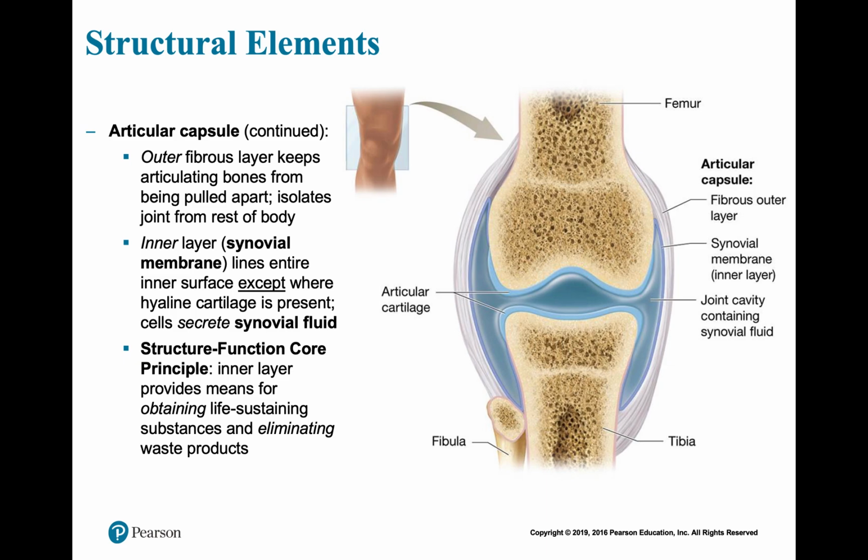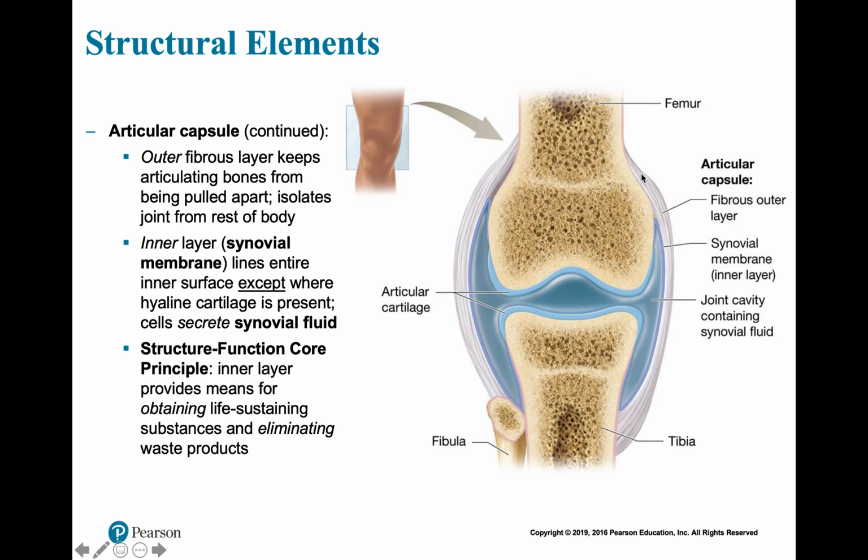Let's talk about the functions of those two components. The outer fibrous layer is made up of dense, irregular connective tissue, with prominent collagen fibers that resist pulling forces, a strong, stable tissue. That helps bind these bones together and keep them from pulling apart.